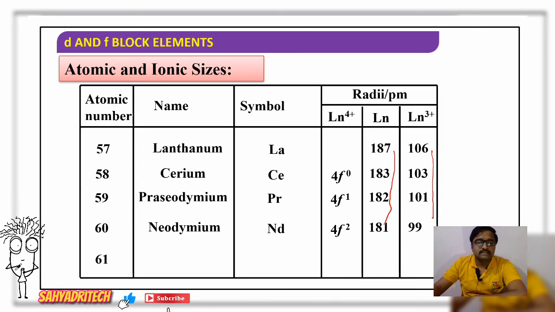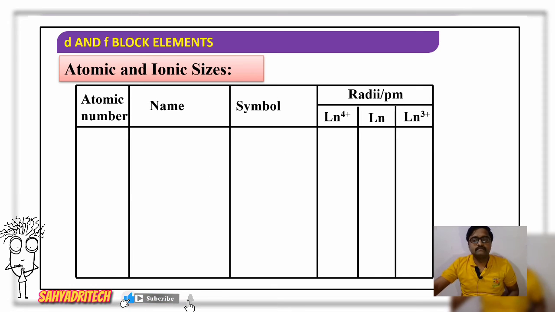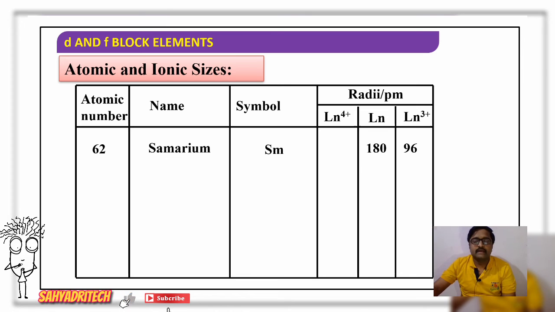Next, atomic number 61, promethium, symbol Pm. The atomic radius is 181 picometer and the ionic radius 98 picometer. Next, atomic number 62, samarium, Sm: atomic radius 180 picometer, ionic radius 96 picometer.